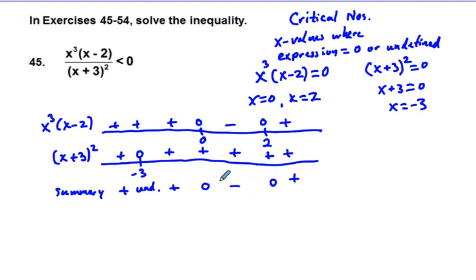And so the interval where we see less than 0 is here between x equals 0 and x equals 2.